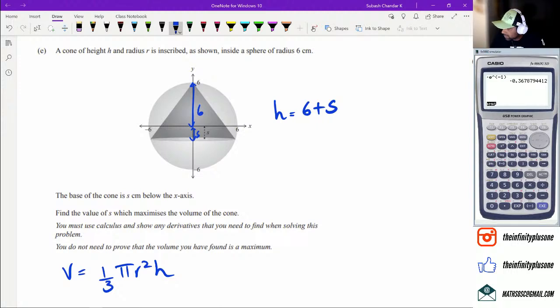And then the next thing is, I want to put this as radius squared.